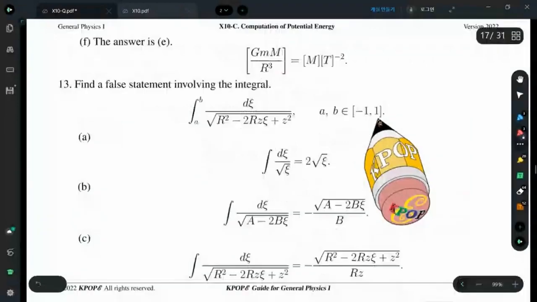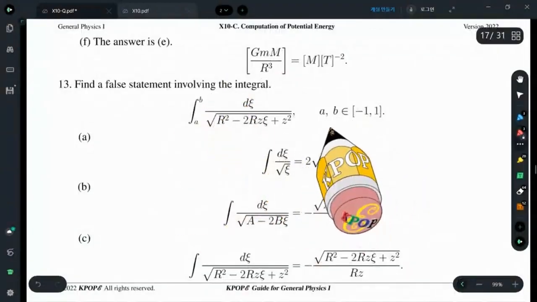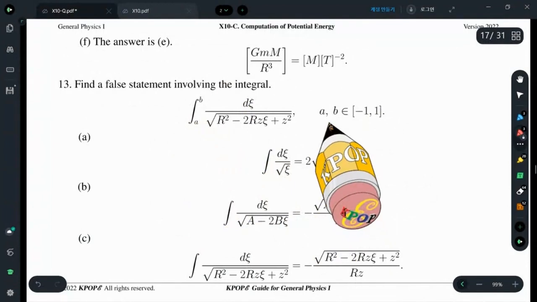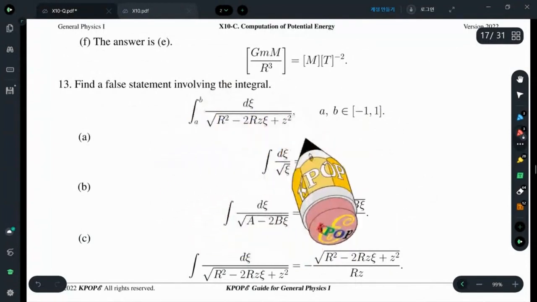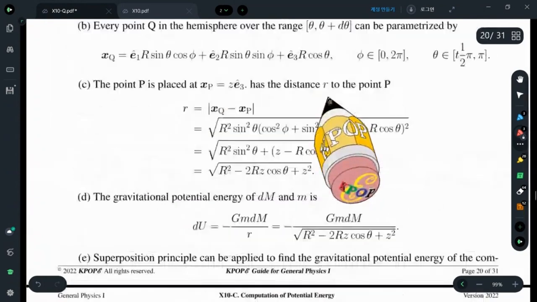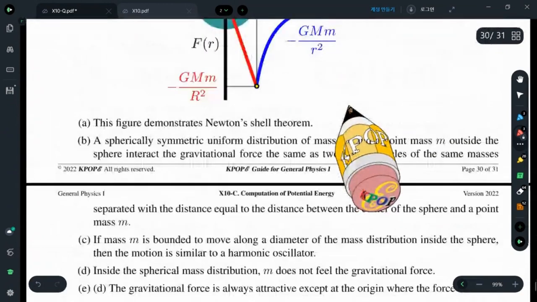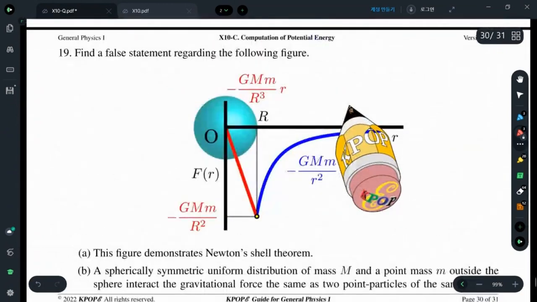Next, we consider this integral. This is just the training of integration, and we will find that this integral is very, very useful to find what? Newton's shell theorem. Let me first tell you the final result.